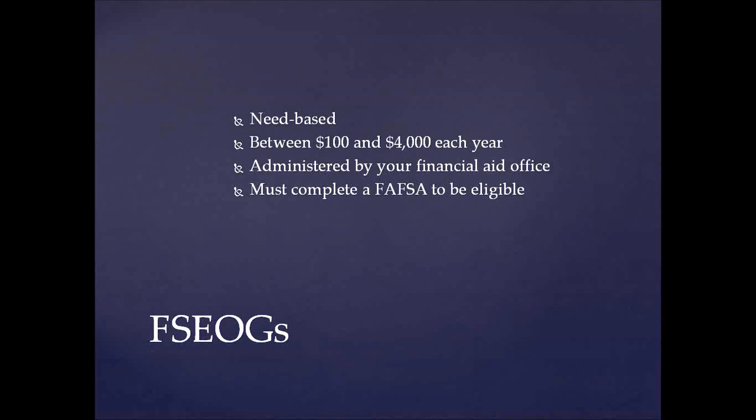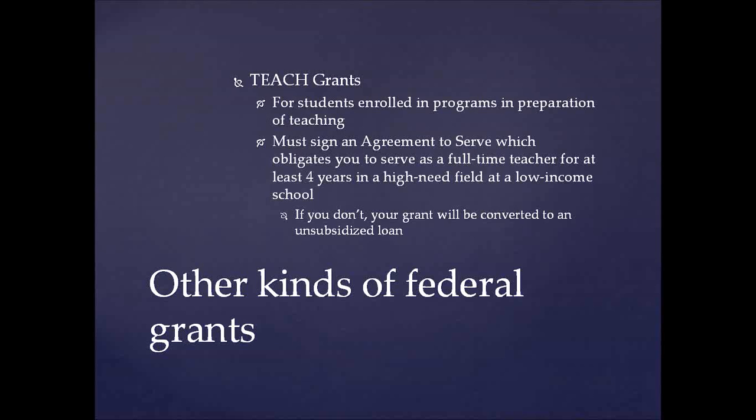The amount awarded per academic year can range from $100 to $4,000. So 2,000 in the spring, 2,000 in the fall, or reverse the order of those. But like the Pell Grant, to apply for a FSEOG, all you need to do is complete your FAFSA, and you must complete your FAFSA to be considered eligible for it.